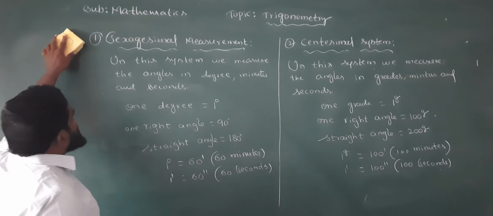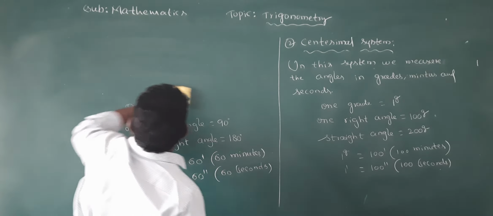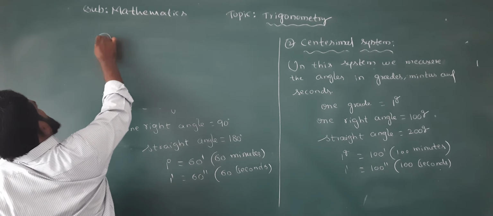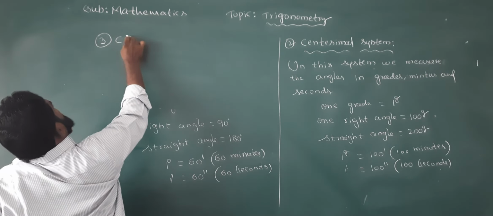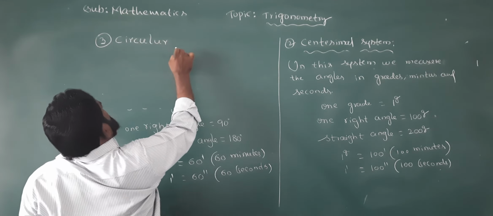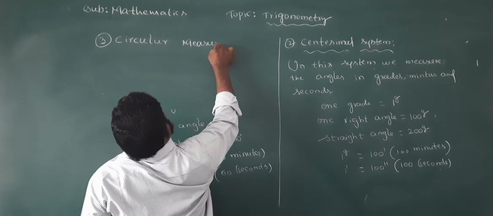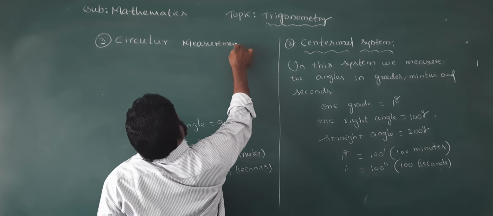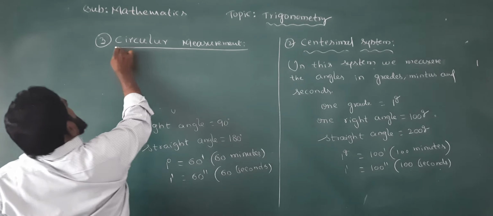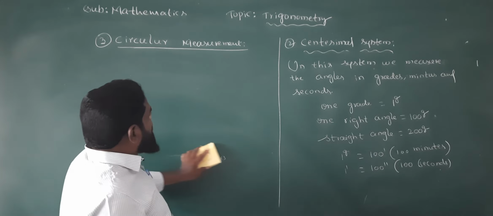This is the way of using the centesimal system. We have one more system, the third one. This is the circular system or circular measurement, also called radian measurement.